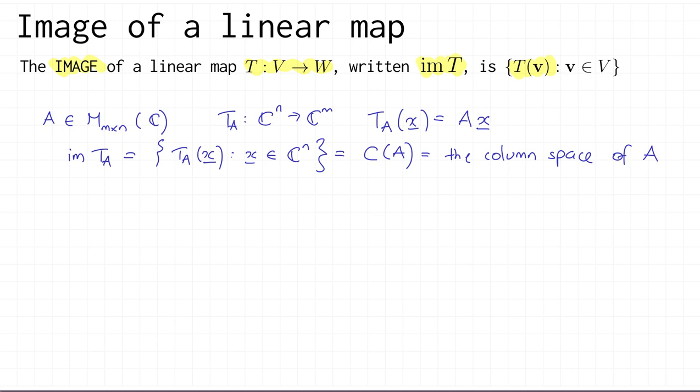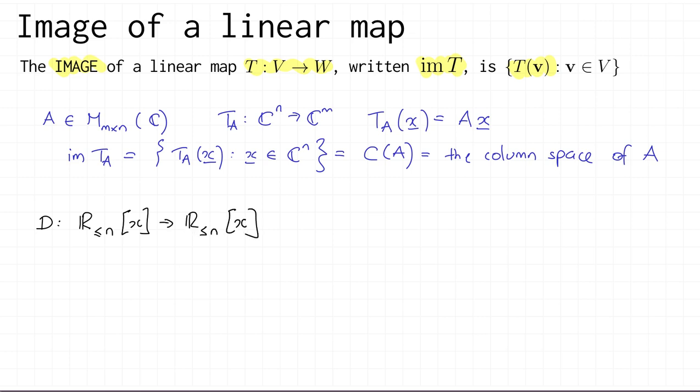As another example, let's take another example of the image of a linear map. Let's take our differentiation example, a slightly different one. So we have D from R less than or equal to N of X to the same thing.